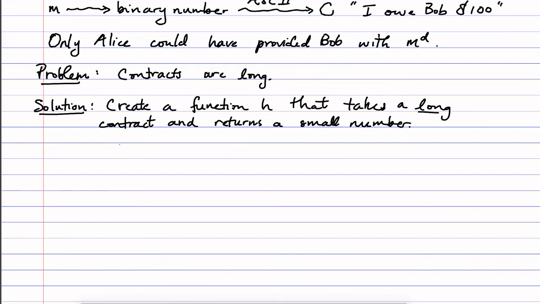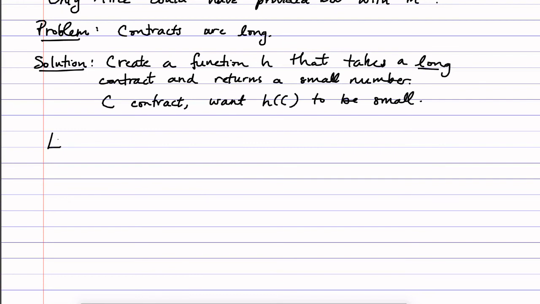So if C is the contract, what we want is H of C to be small. For example, H of C could be something, we'll say something a little bit silly here.